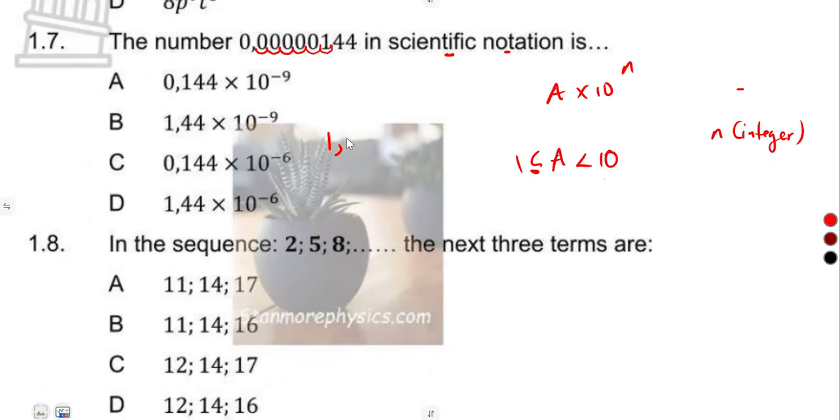So it's going to be 1,44 times 10 to the exponent. Remember, we moved 6 commas going this side, so it's going to be -6. The reason being, this number starts with a 0, so the exponent is going to be negative. So the best answer was D.